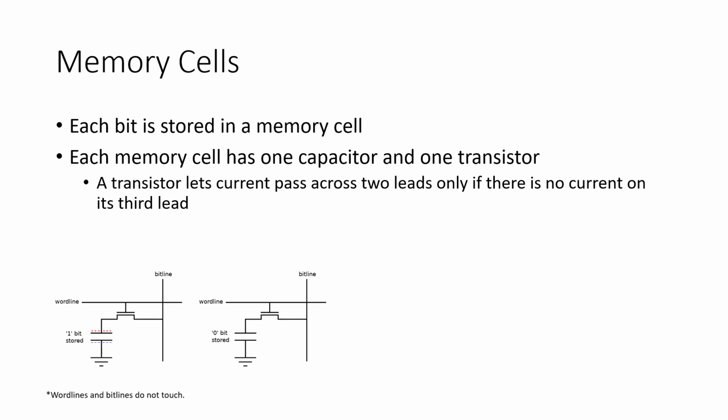If a capacitor is being written to 0, then the word line is turned on and the bit line stays at 0, or no current, allowing the capacitor to discharge all of its charge into the circuit that was created through the bit line and the ground. All right, moving on.